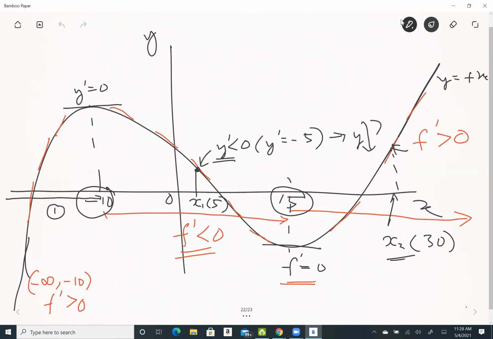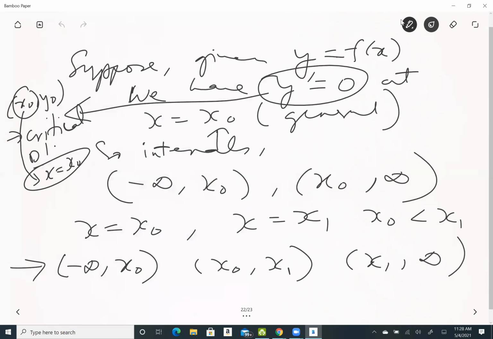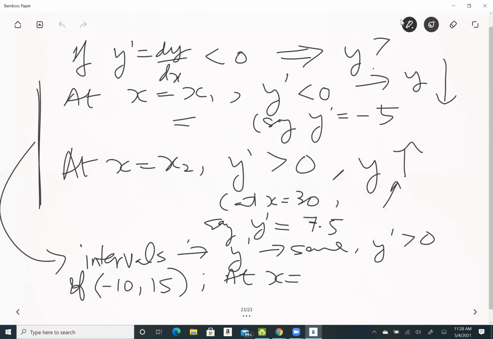X equal to 5, which is in that interval. So at x equal to 5, and you know 5 is in that interval, I know the f prime is negative. So the f prime will be negative for the whole interval.